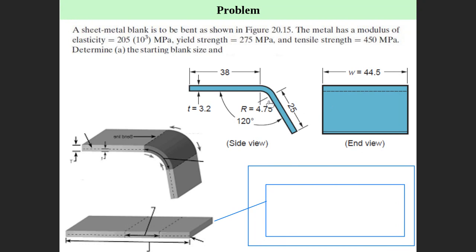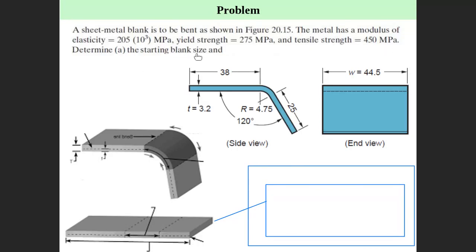R is 4.75, the bend radius. The width of the sheet is 4.5. Modulus of elasticity, yield strength, and tensile strength are also given.